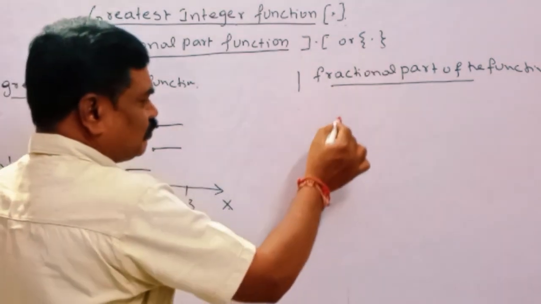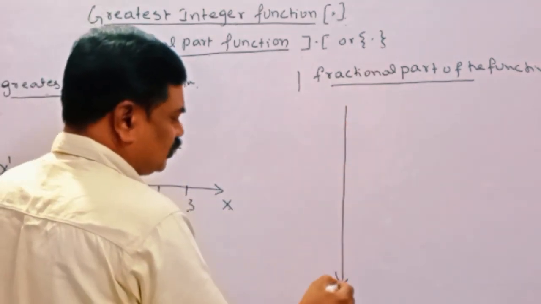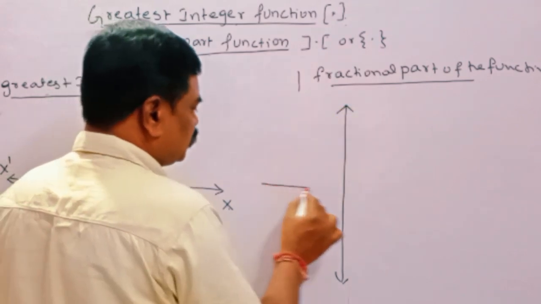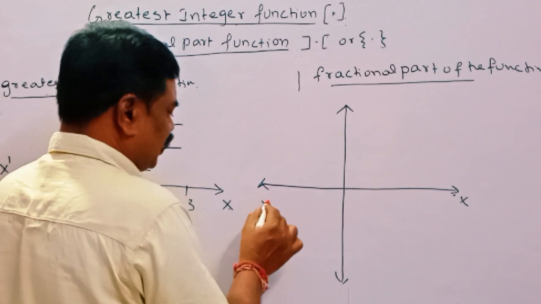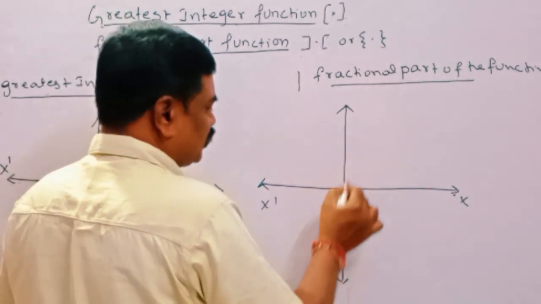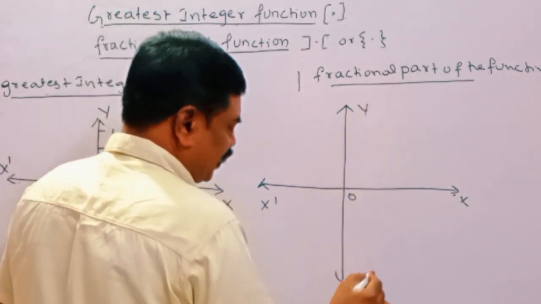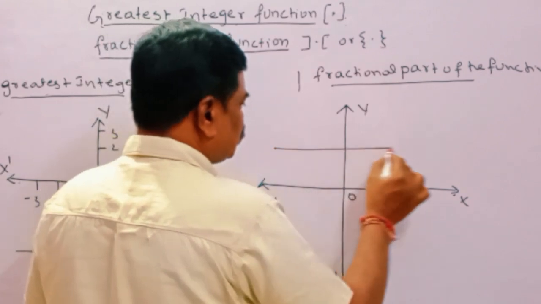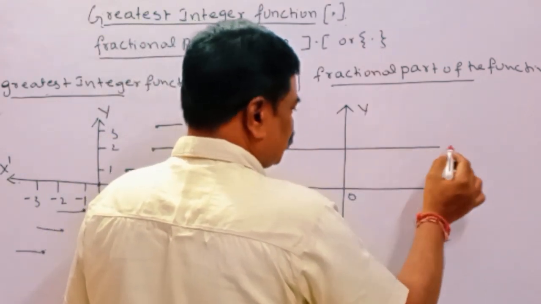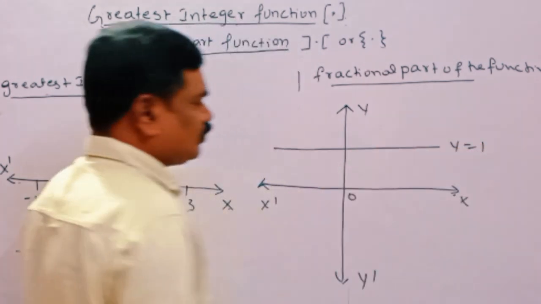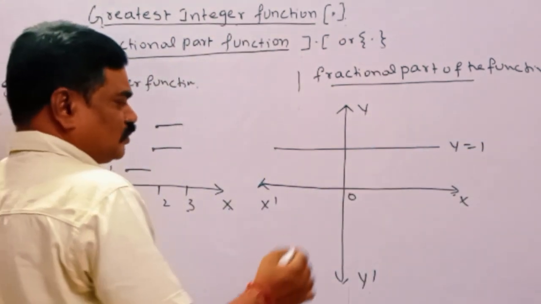Now the fractional part of the function graph. This is the x-axis, x dash, 0, y dash. This is y equal to 1.